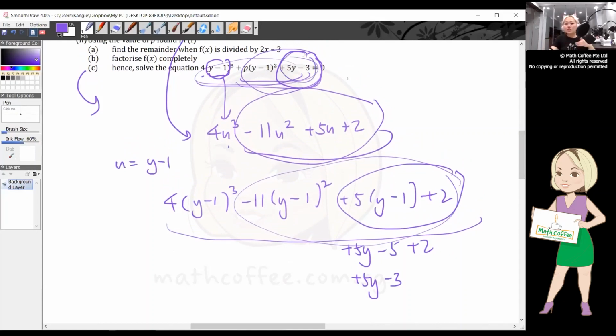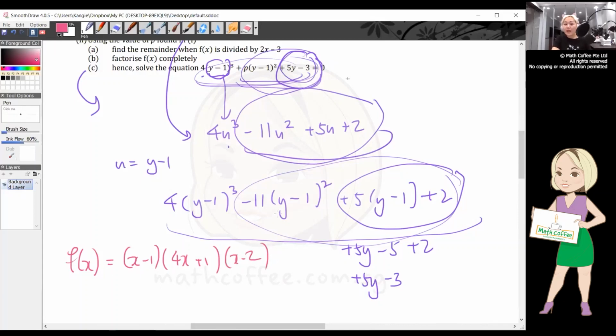So in other words, just like previously when you factorized, my f(x) was equal to (x minus 1)(4x plus 1)(x minus 2).